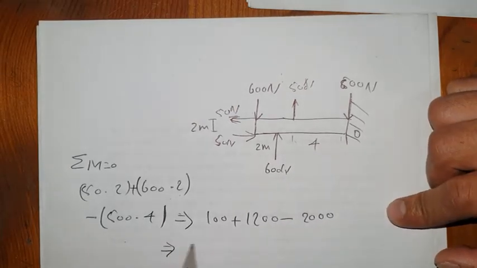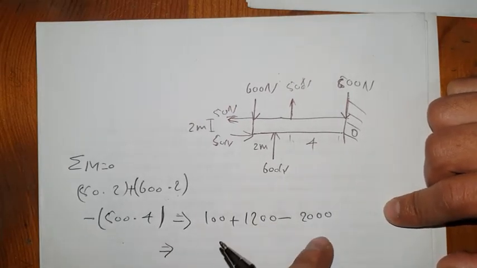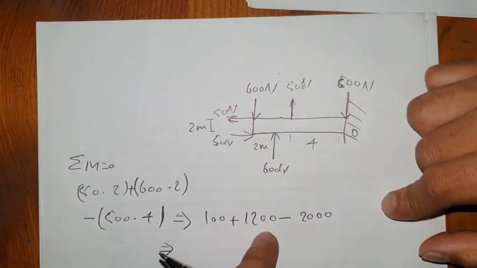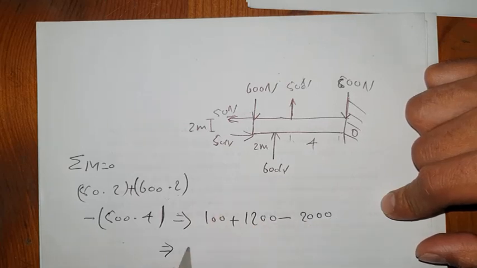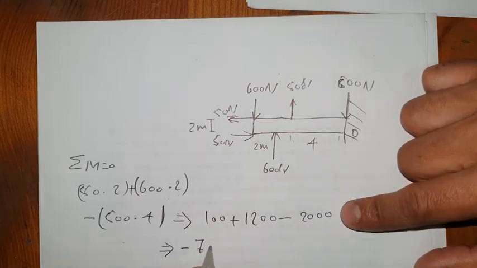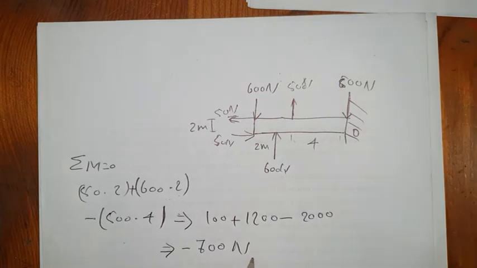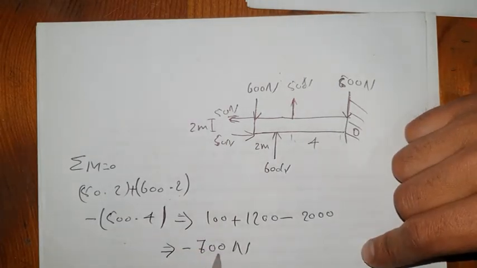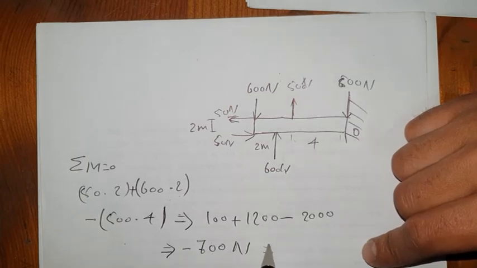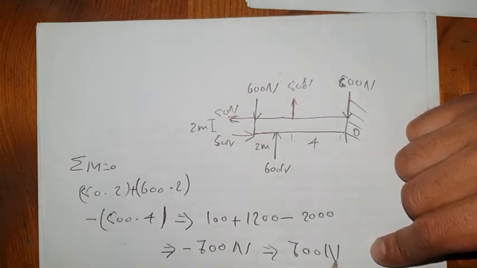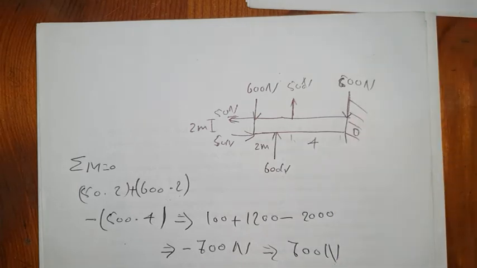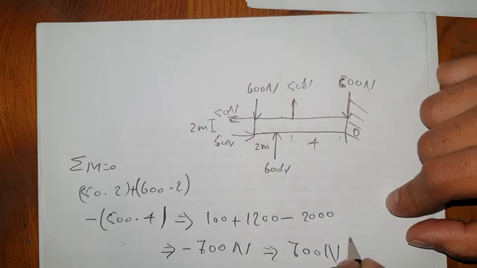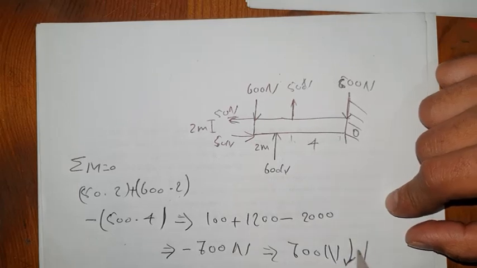So finally, 1300 minus 2000, we will get minus 700 newton-meters. When the moment is negative, it means that the moment is clockwise.